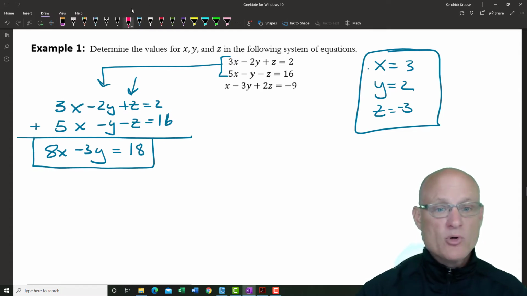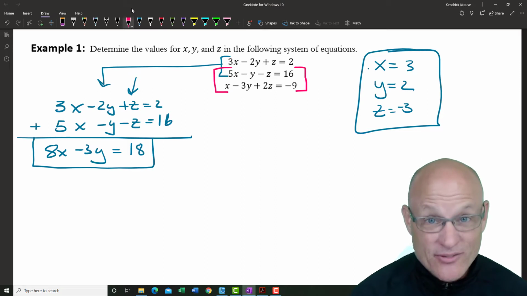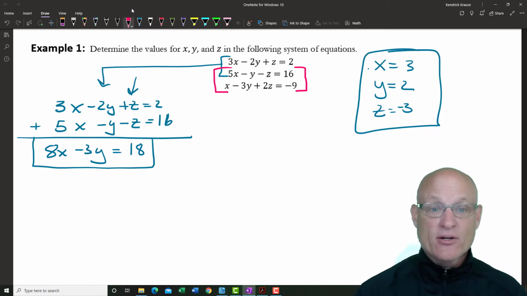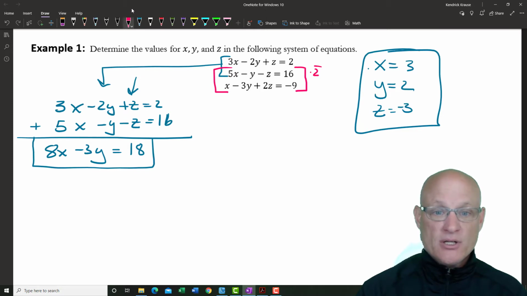I'm going to do that one more time, but now I'm going to put these 2 together. And I also have to get rid of z. You have to get rid of the same letter. In order to do so, I'm going to multiply this second equation by 2, because that will give me negative 2z, which will cancel with this. So the whole thing gets multiplied. So 10x minus 2y minus 2z equals 32.